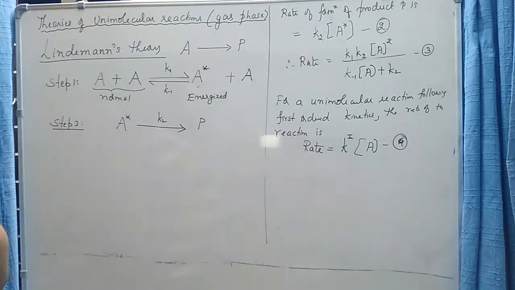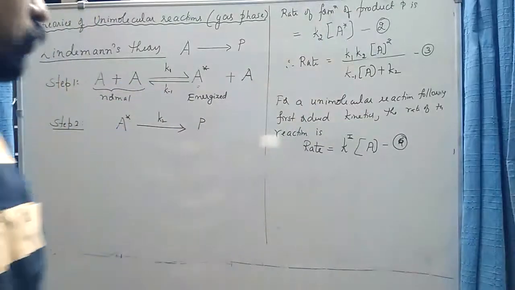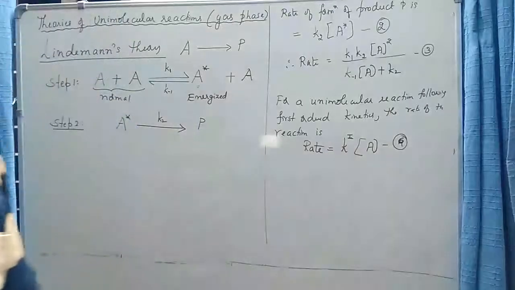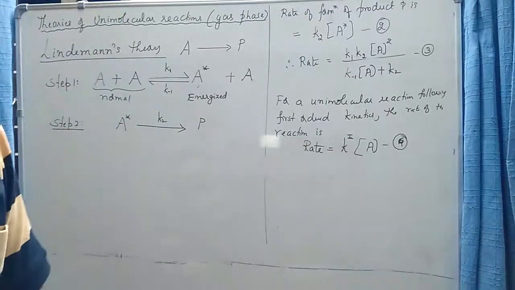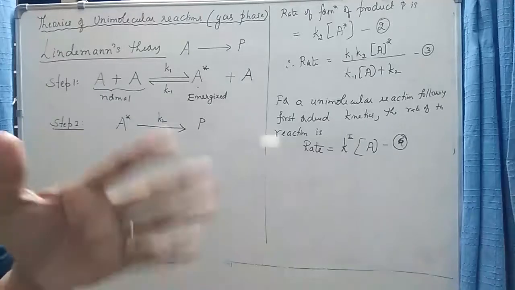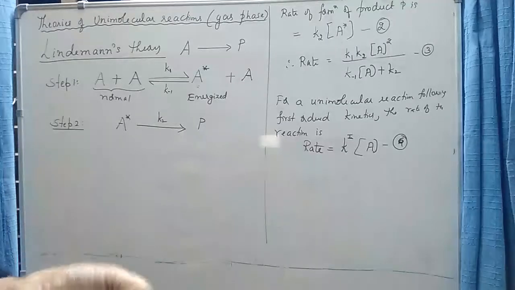Now, how we will proceed in proving that this is the correct form of equation is, if you see here, K represents a rate constant, and generally what is the characteristic of a rate constant? A rate constant is always a constant. It does not vary with the concentration of the reactant.